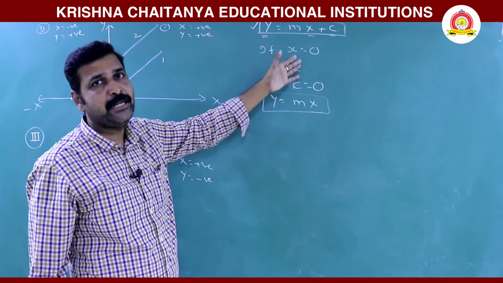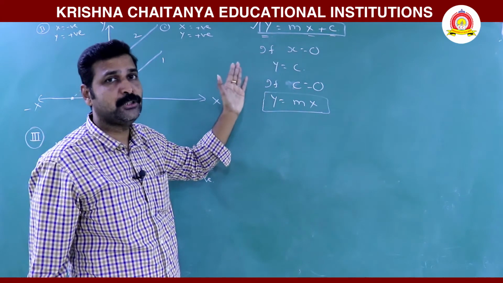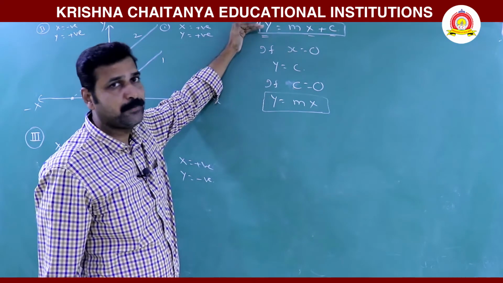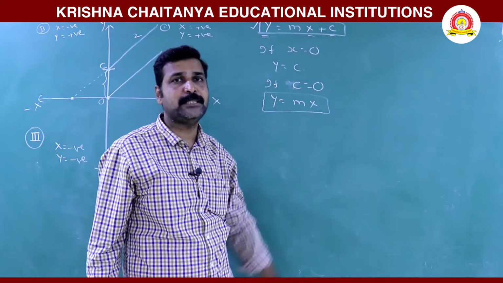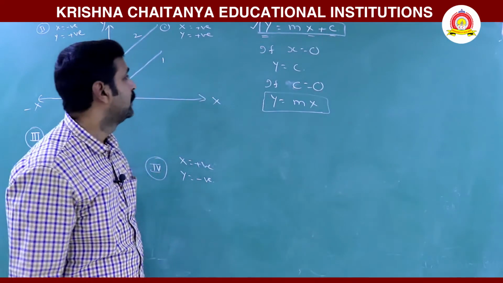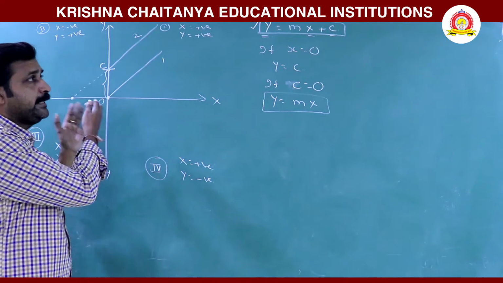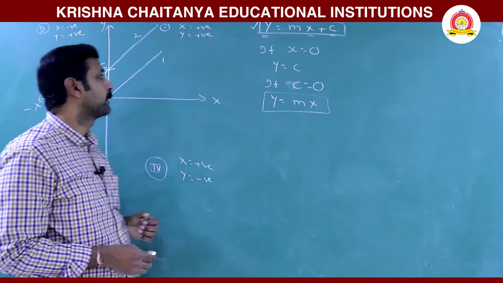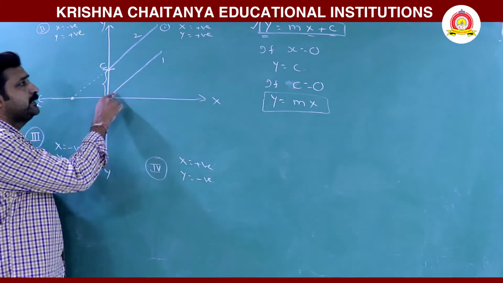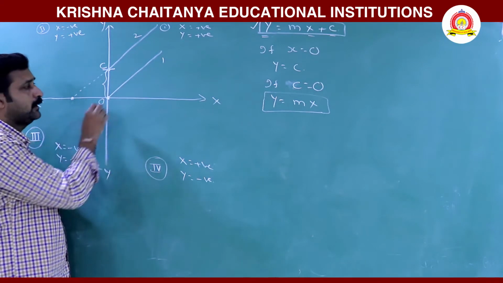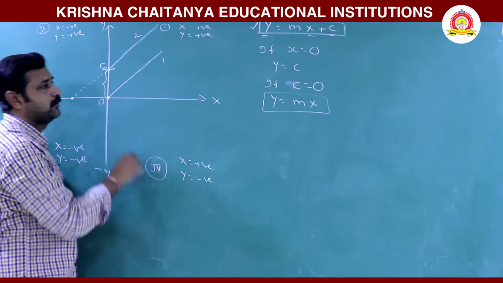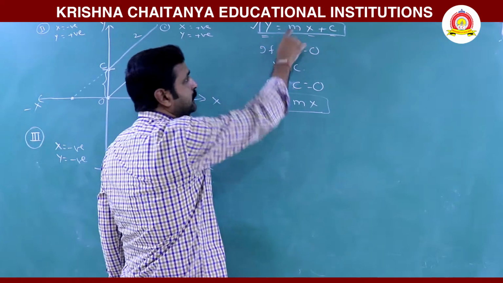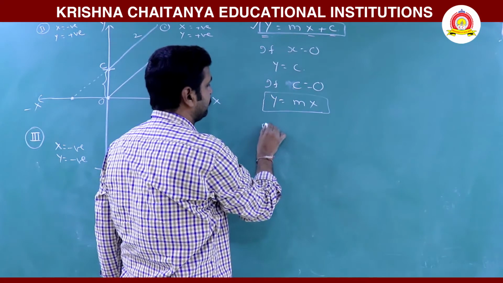For any straight line which is not passing through origin and having a y-intercept, the expression is mx plus c, right? Now, in any straight line, what do we find generally? So, here if this is the straight line, in order to find the slope, what is slope here? This m is slope.